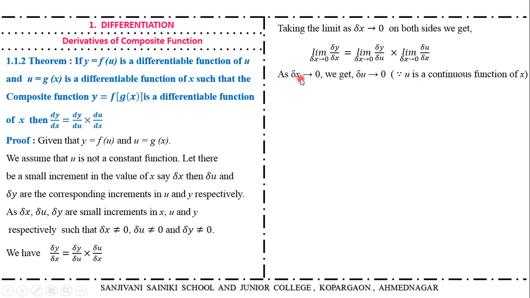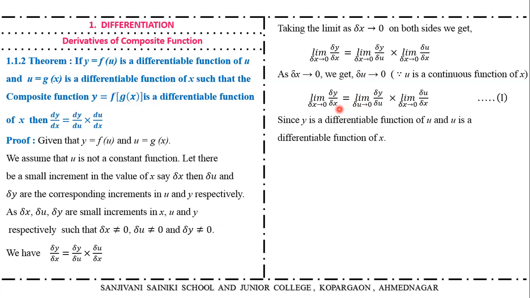Whatever the value of x changes to, that will affect the function u. As delta x tends to 0, the increment tends to 0, so whatever the increment we got in u, that also goes to 0.